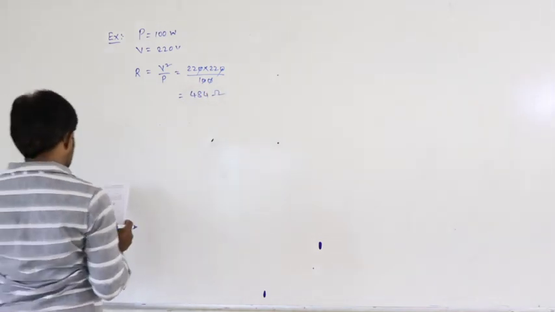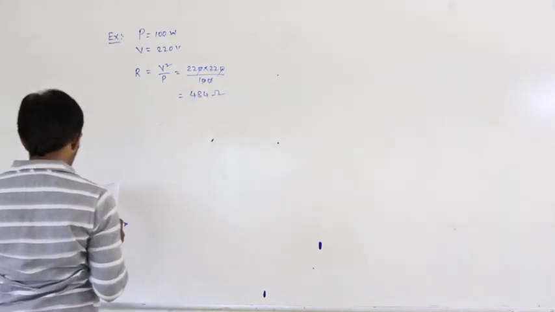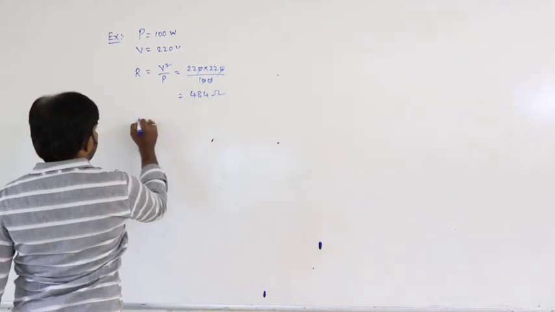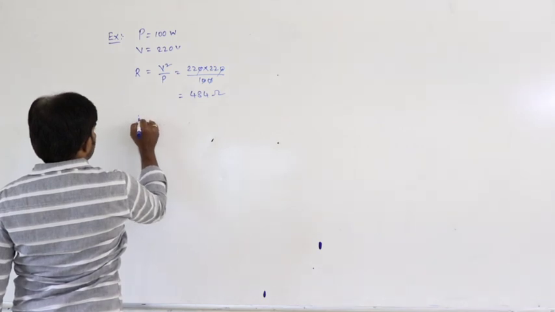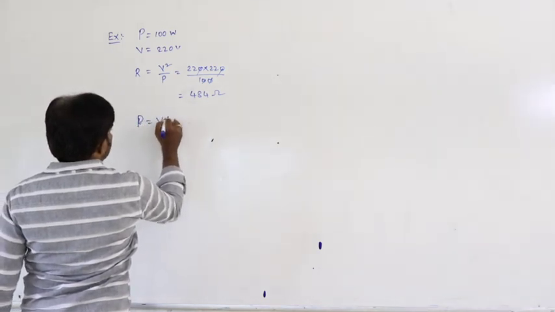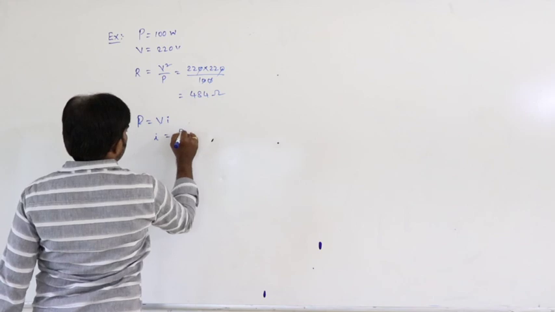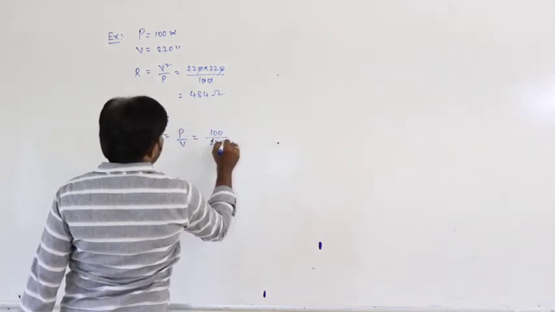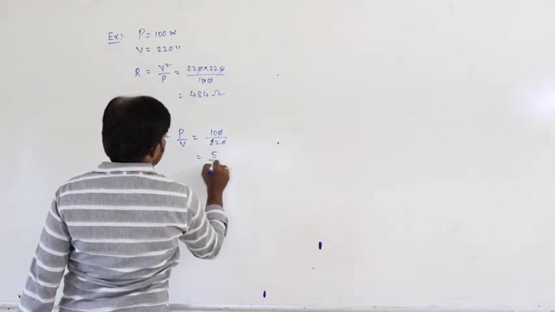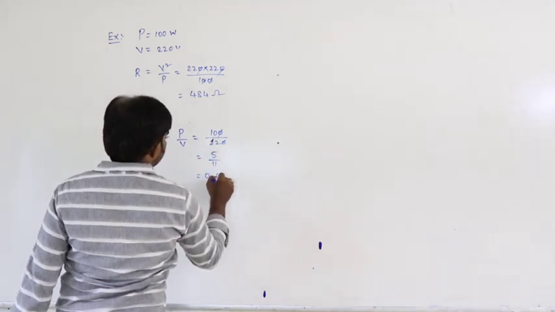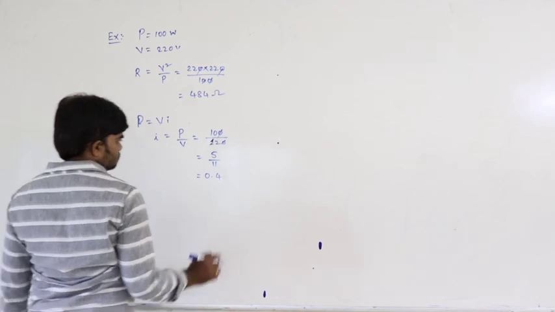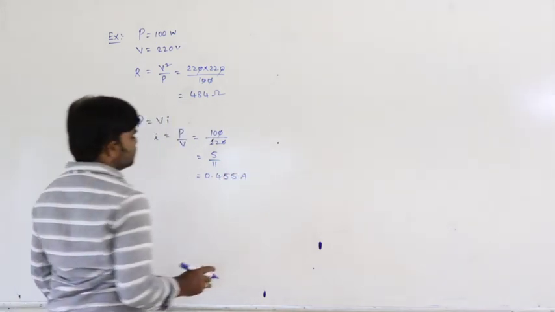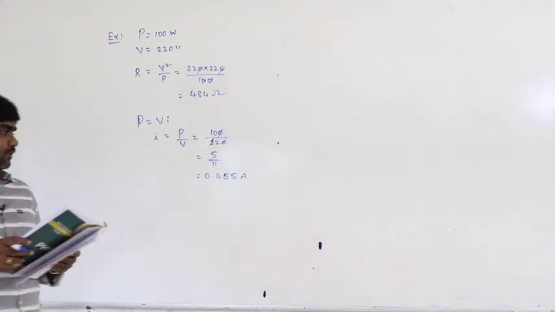Now the current capacity. We know P is equal to VI, so I is equal to P by V. P is 100 divided by 220, which is 10 by 22, 5 by 11, so 0.455 amperes.